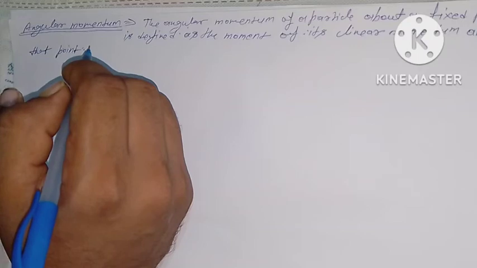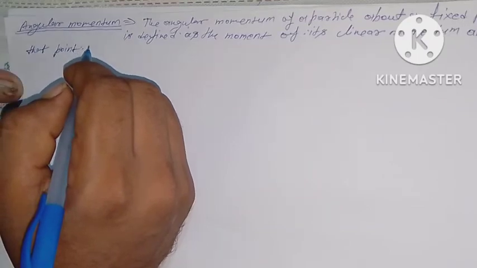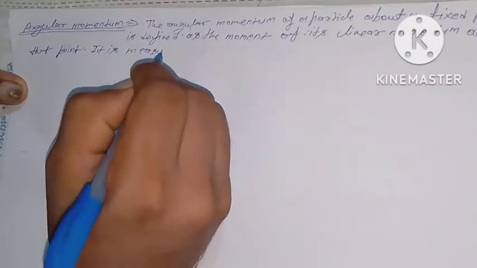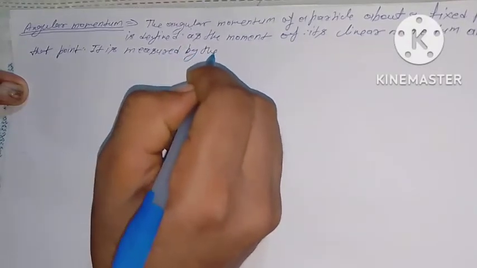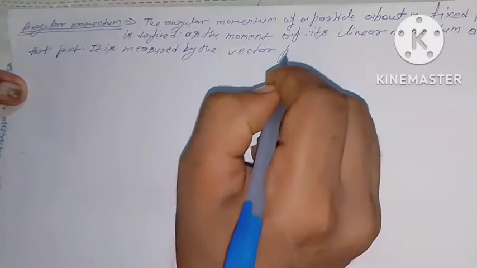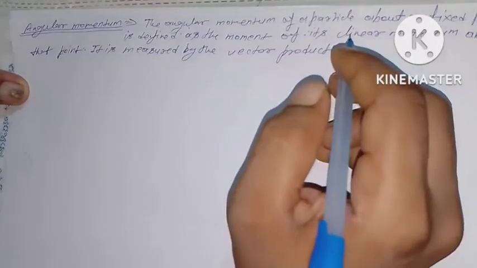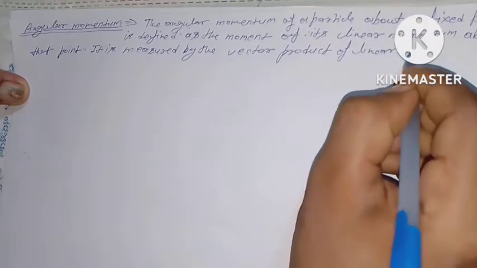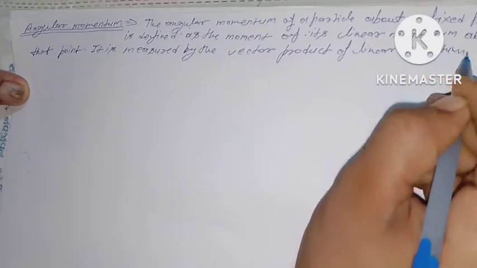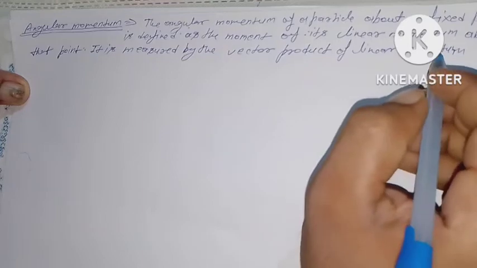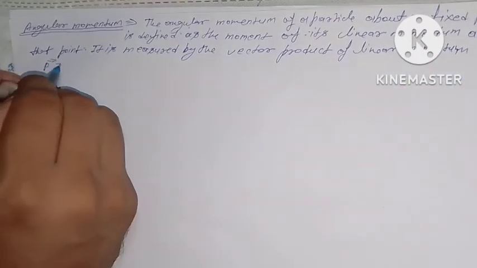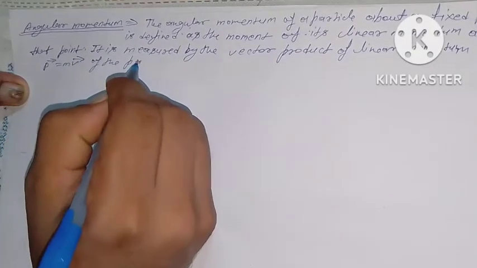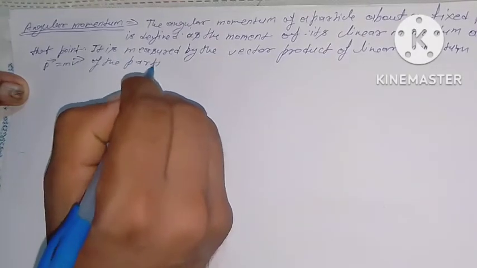About that point. It is measured by the vector product of linear momentum, vector P equal to m vector v of the particle, okay?